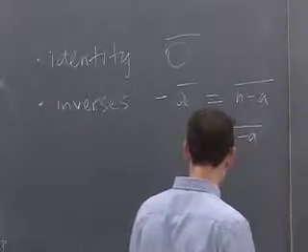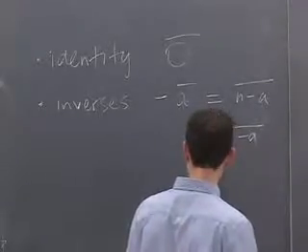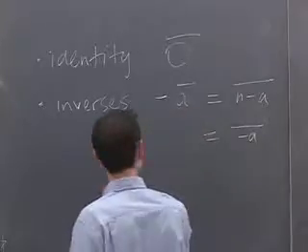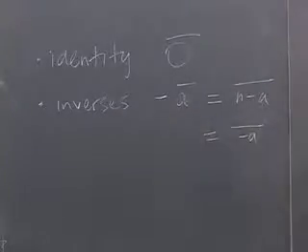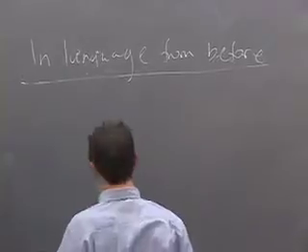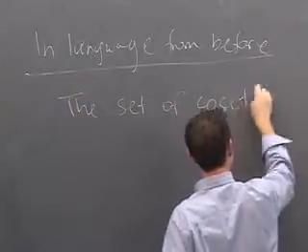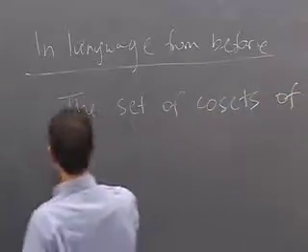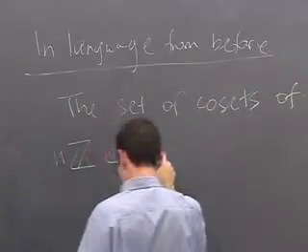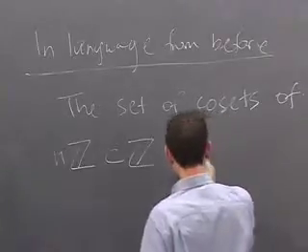And so in the language from last time, the set of cosets of the subgroup nz of z form a group.